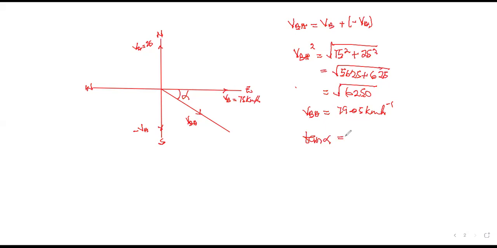alpha. Alpha is opposite over adjacent, which is 25 over 75. Alpha, therefore, will be equal to the tan inverse of this ratio.